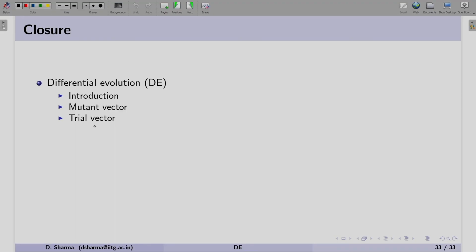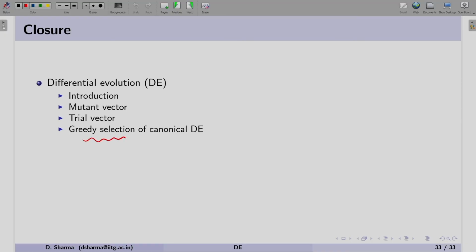Once the mutant vector was generated, we had a formula for the trial vector, where with the help of probabilities or random numbers, we take each variable either from the mutant vector or from the target vector to create a trial vector. We also showed the greedy selection of the canonical DE, which says that the better of the target or trial vector should be chosen based on the fitness value.